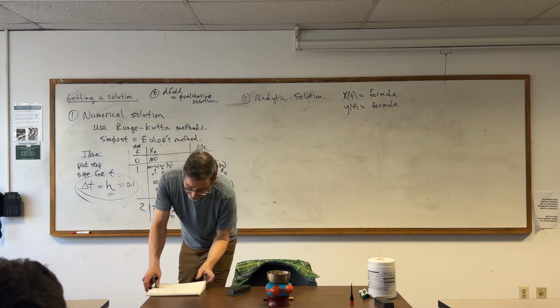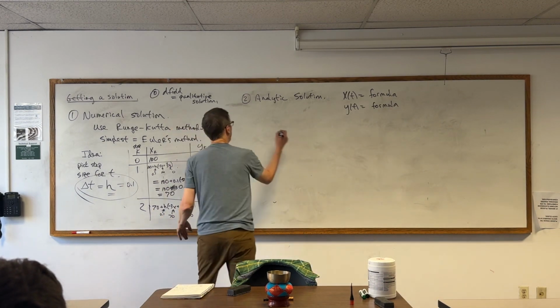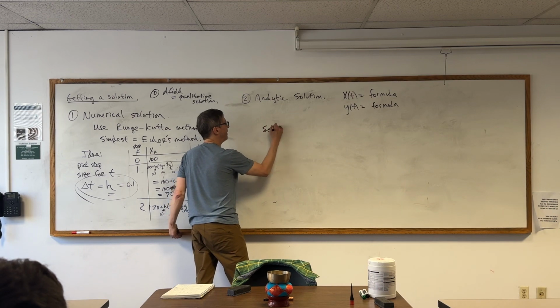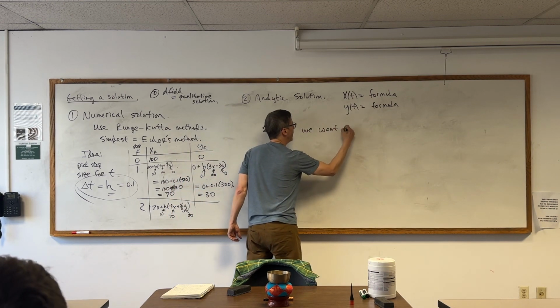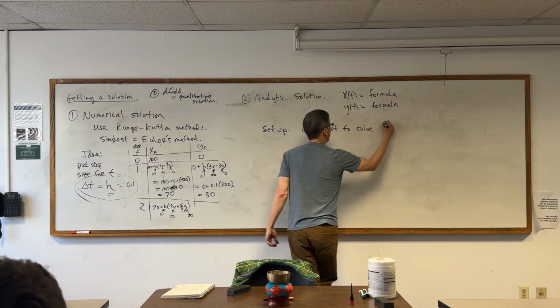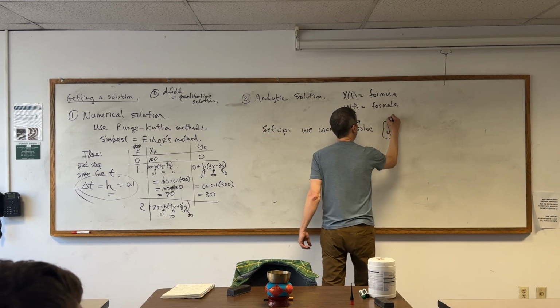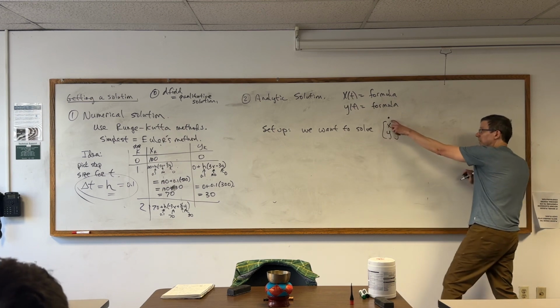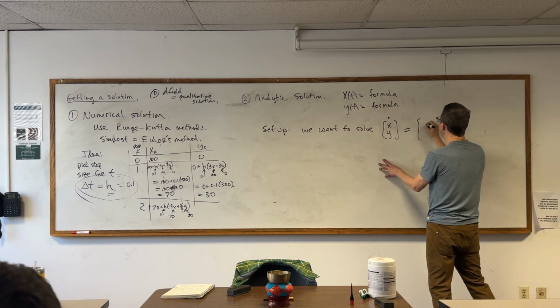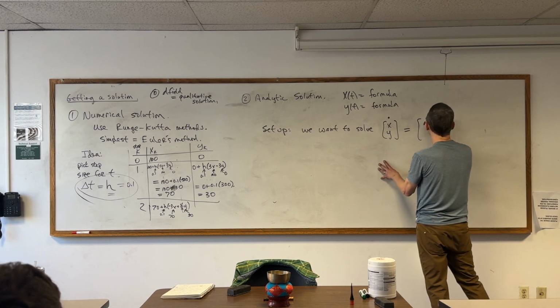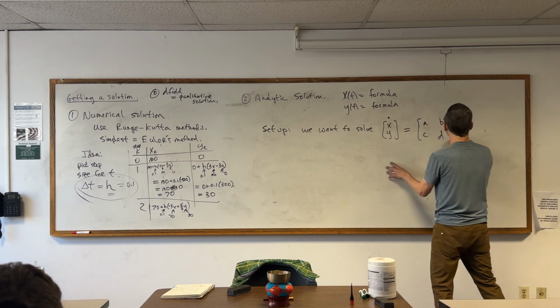All right, so let's set up. We want to solve x dot, y dot, so I'm using that notation, that just means x dot y dot in vector form, equals a matrix A times x, y.